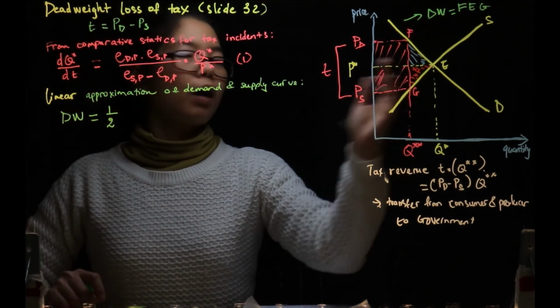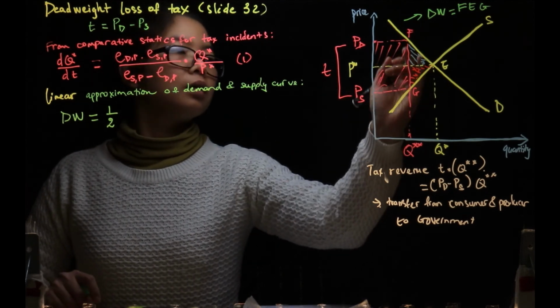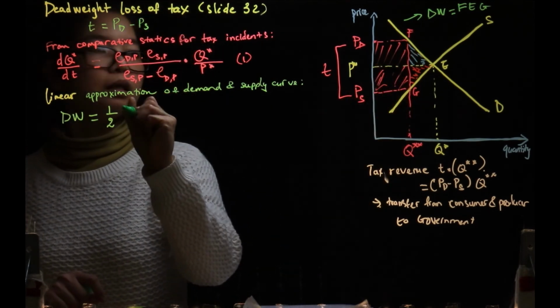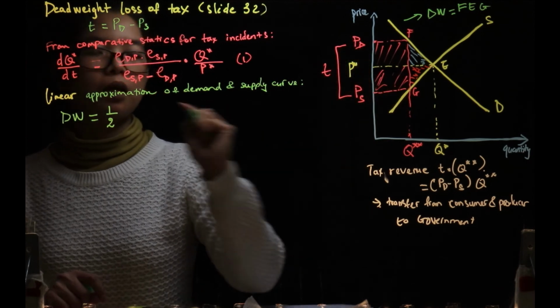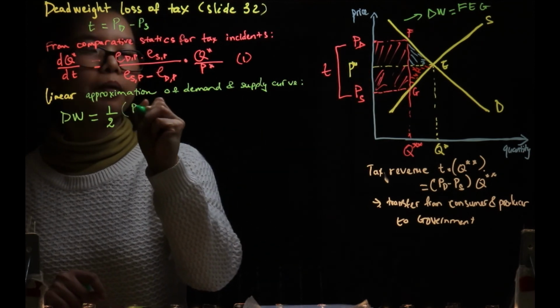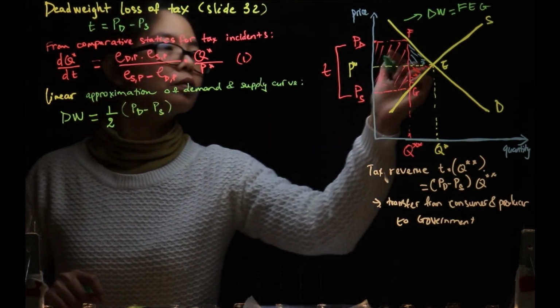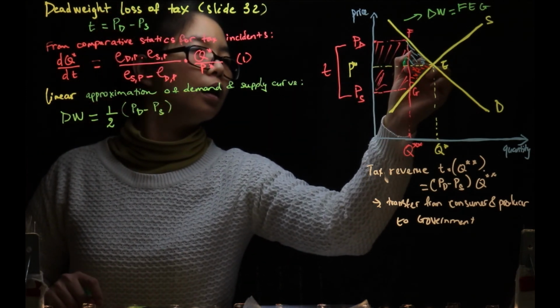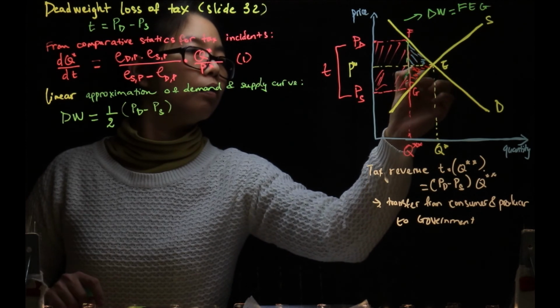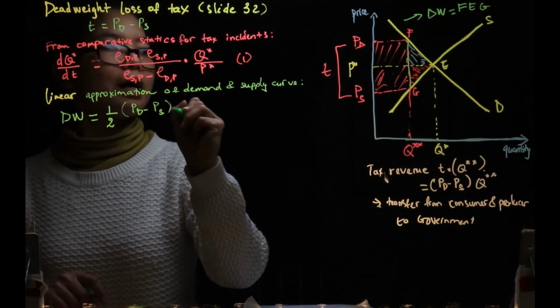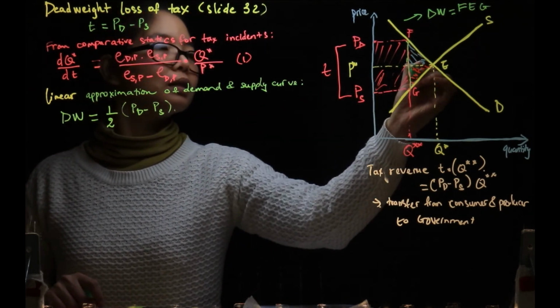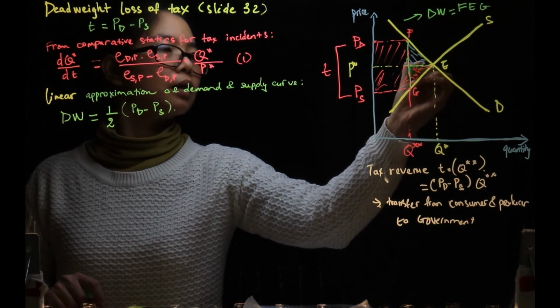So one half with this bottom line, FG. FG is PD minus PS, right? So this here. Times the height. The height is here. What is that?